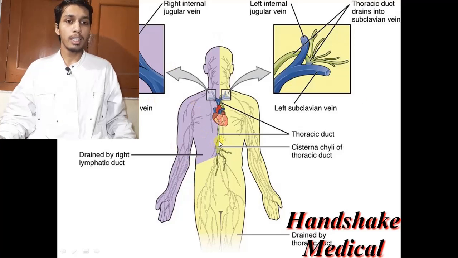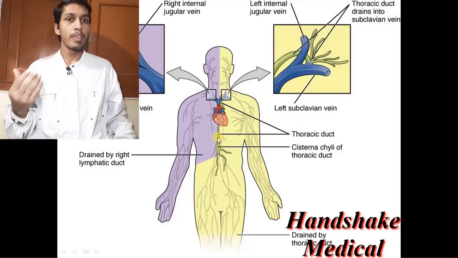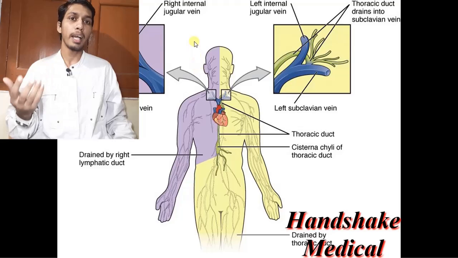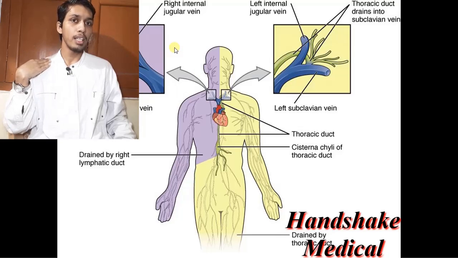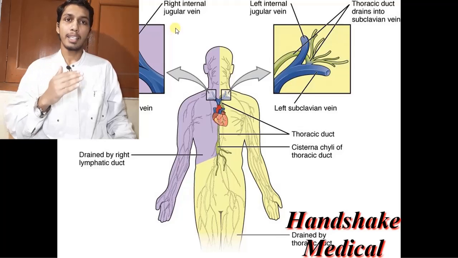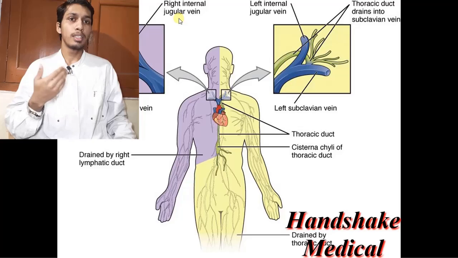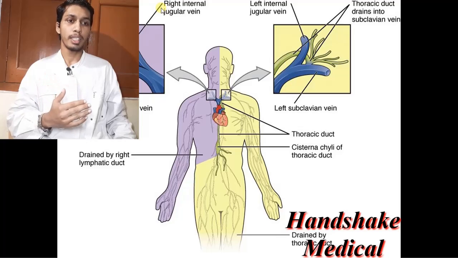From here, this cisterna chyli continues into the thoracic duct and reaches the thorax. As the name suggests, the thoracic duct is present in the thorax, reaches the posterior mediastinum, superior mediastinum, then the neck, and 2 to 3 centimeters above the clavicle it arches laterally to the jugular angle where it terminates. We will see in detail the course of the thoracic duct in the next slide.